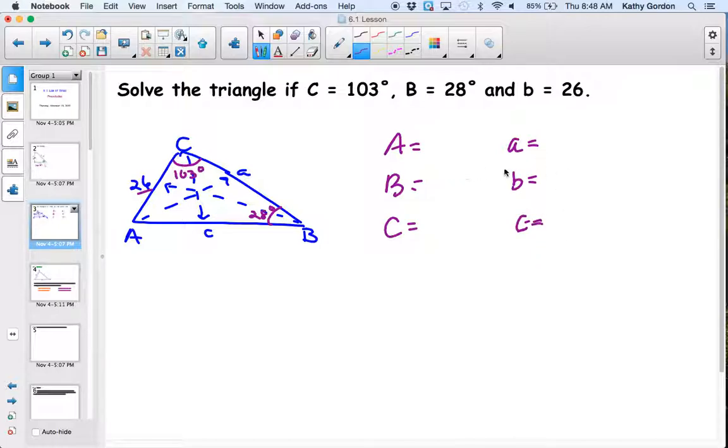I put my A across from A and my B across from B and my C across from C, and I fill in the things that I know. So 103 here, and 28 there, and 26 there. Then it becomes obvious which things I need to find. And as I start finding them, if I keep filling in the spots, then I know what's still left and I know when I'm done, when I found everything.